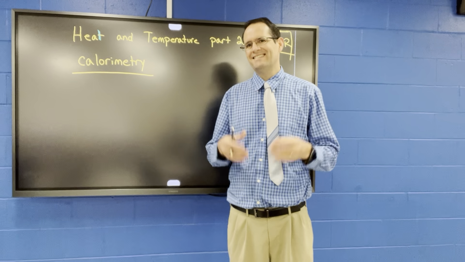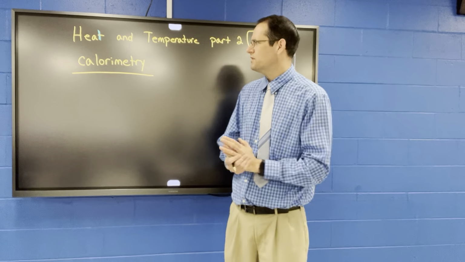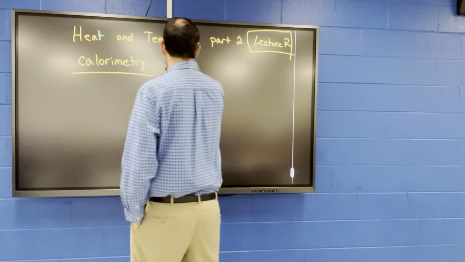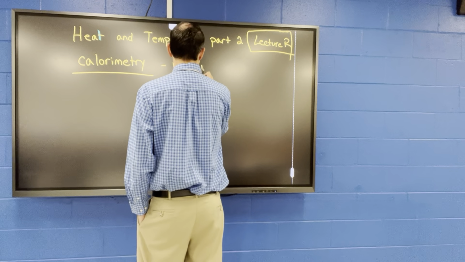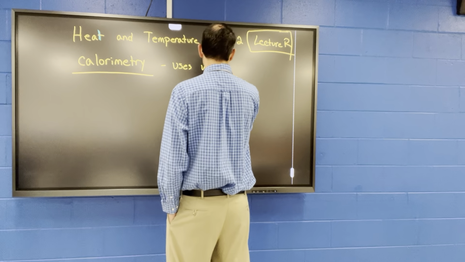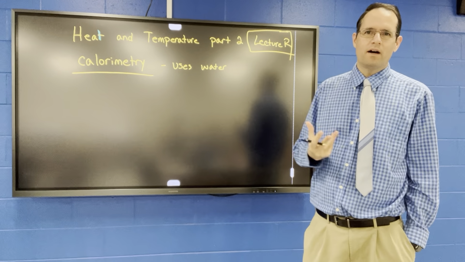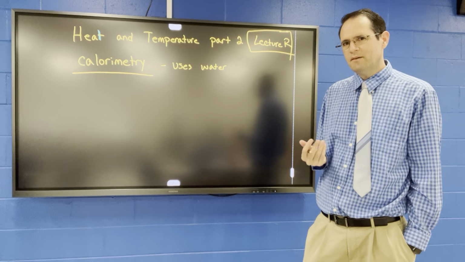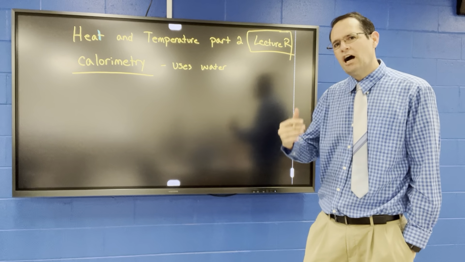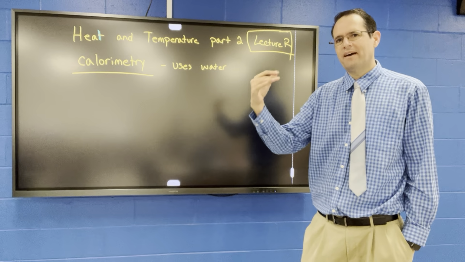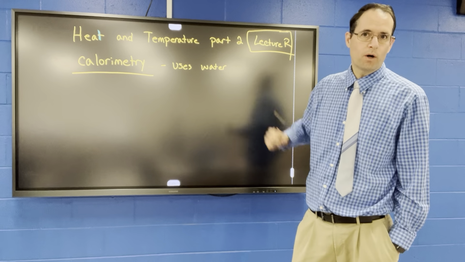And remember, heat is thermal energy, or energy. So it uses water, which has known properties, and if we warm up the water by a chemical reaction, for example, we can know exactly how much energy was released by that chemical reaction because it warms up water.